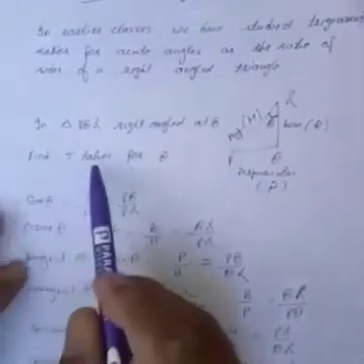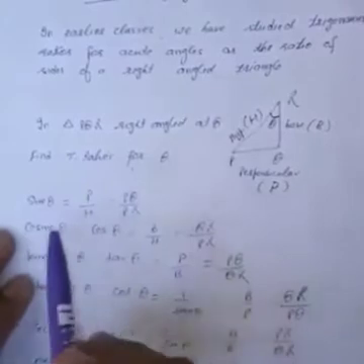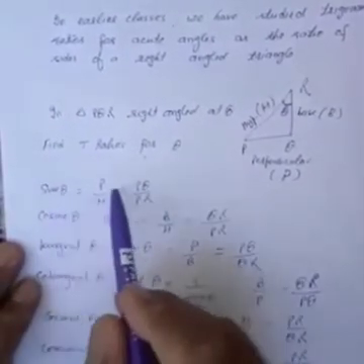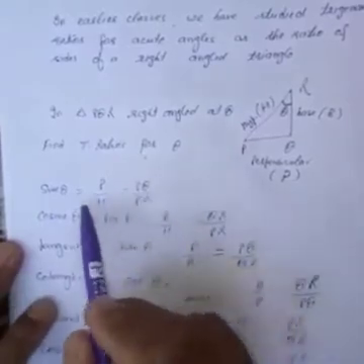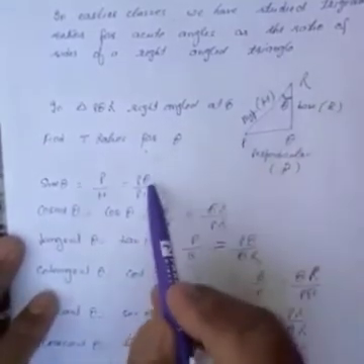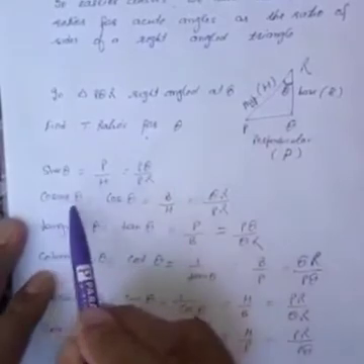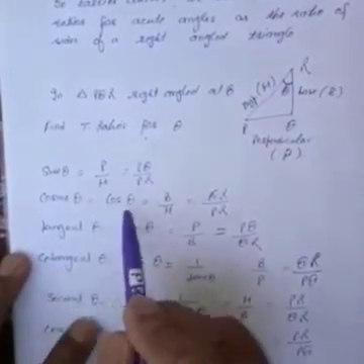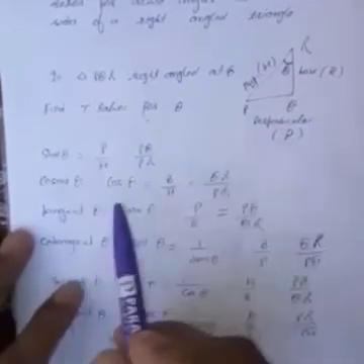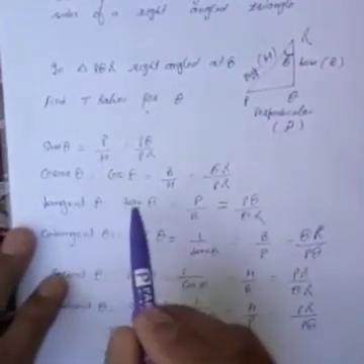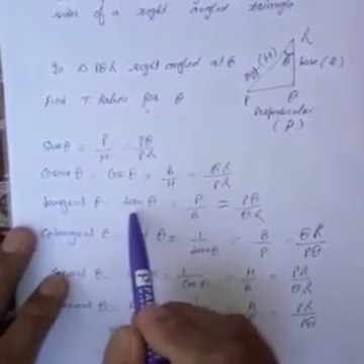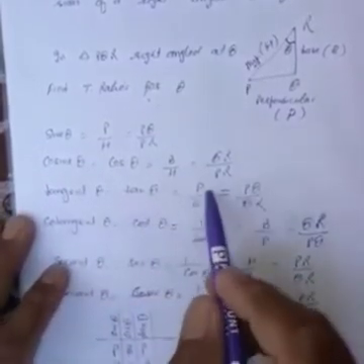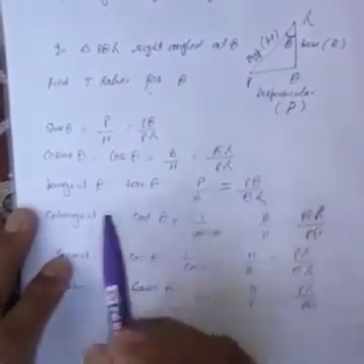Now if we want to write all trigonometric ratios, then we know sine theta is perpendicular upon hypotenuse. So in terms of sides it will be PQ upon PR. Similarly cosine theta, in short cos theta, is base upon hypotenuse. Similarly tangent theta, in short tan theta, but we will pronounce it as tangent theta. Perpendicular upon base, PQ upon QR.